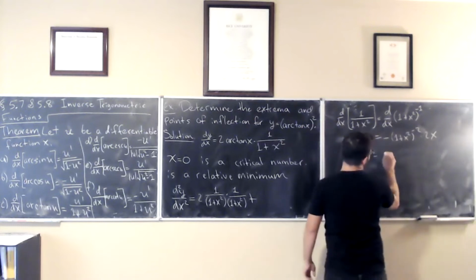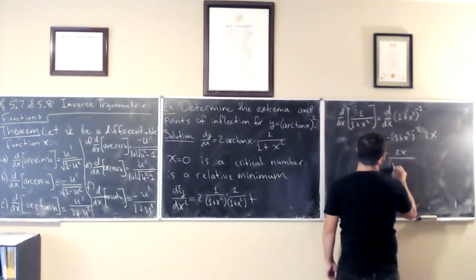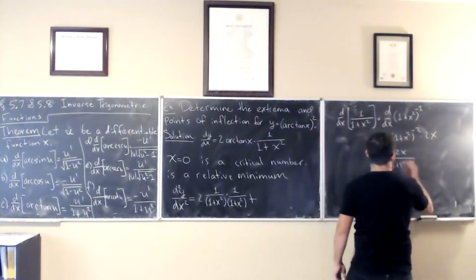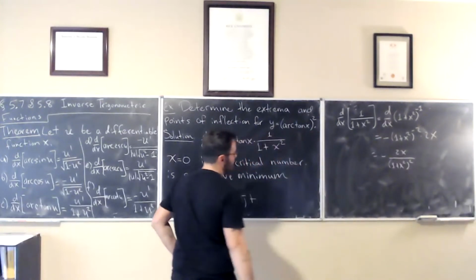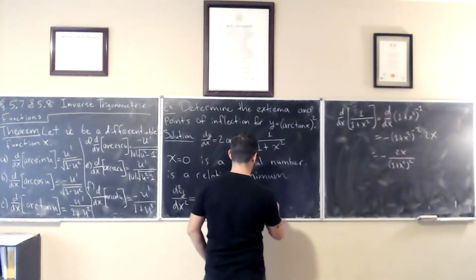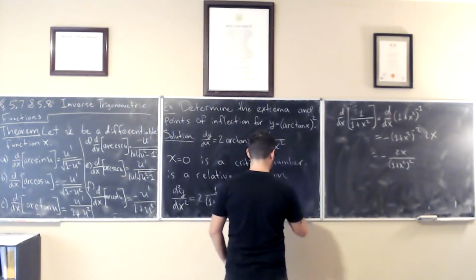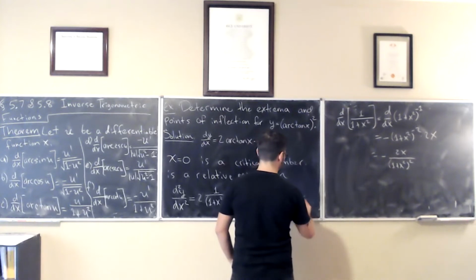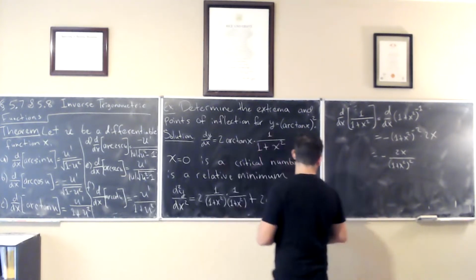So this will be negative 2x over 1 plus x squared all squared. Okay, so this will be 2x arctan x times that, over 1 plus x squared all squared.